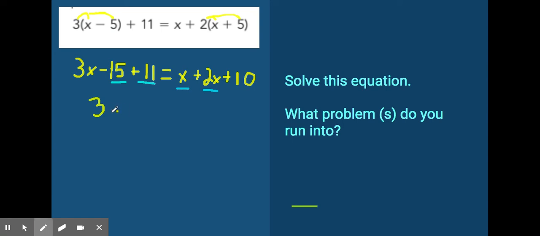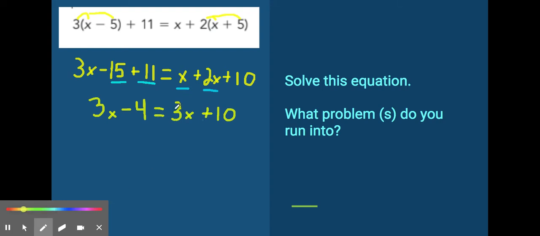So when I combine negative 15 and 11, I get 3x equals negative 4, which equals x plus 2x is 3x plus 10. Okay. Do we understand how we got there?